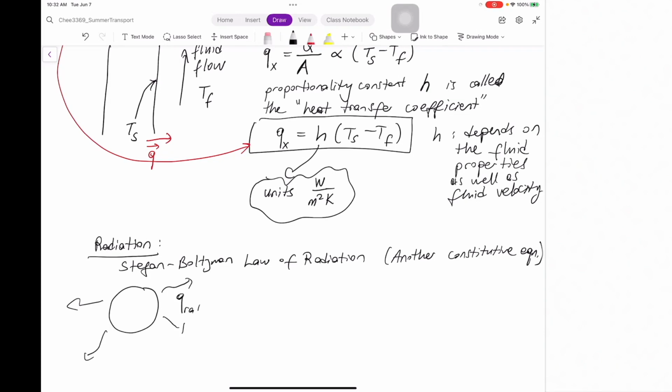The heat flux radiated, Q rad, is equal to epsilon sigma T to the 4. In the formula that we wrote yesterday, there was area as well, but it was not the heat flux, but the rate of heat radiated.